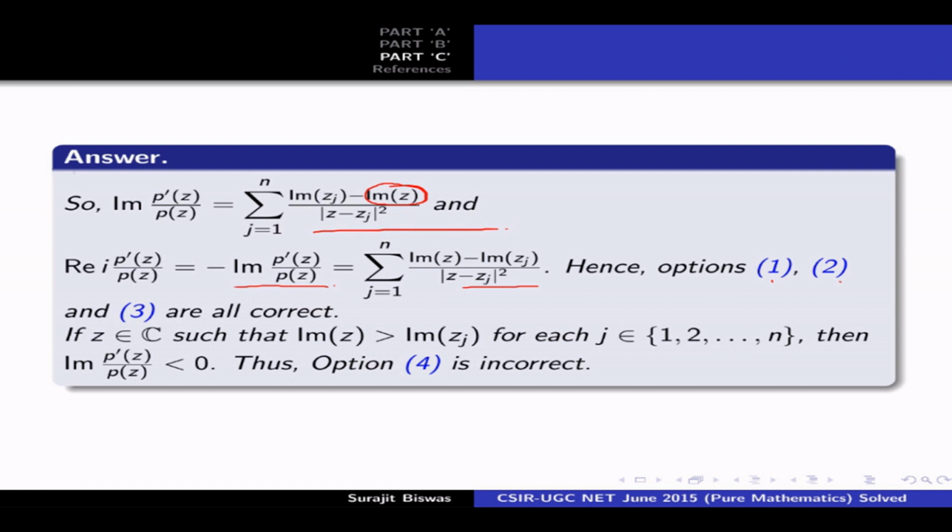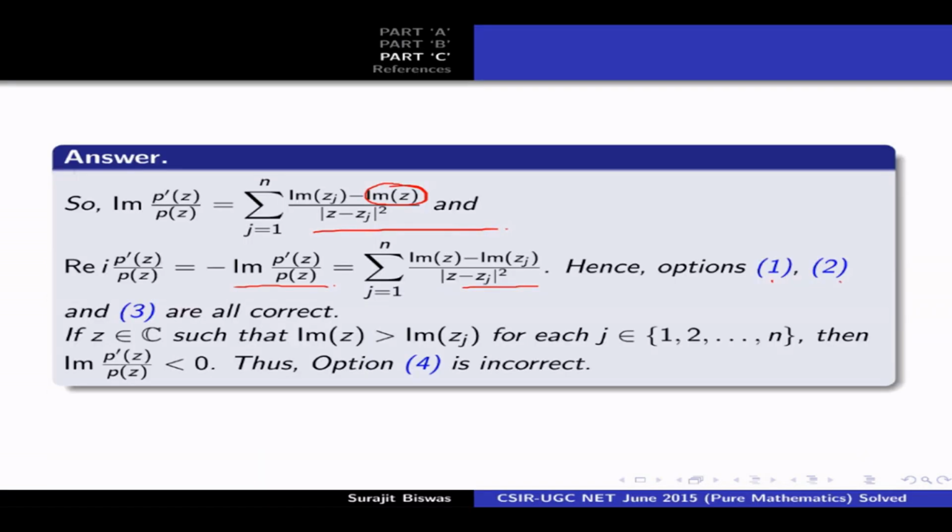But imaginary Z greater than 0 doesn't guarantee that each of these quantities is greater than 0. Therefore, that's exactly what we have written here. If Z belongs to C such that imaginary Z is bigger than imaginary Zj for each j belongs to 1, 2, ..., n, then the imaginary part of P dash Z divided by PZ will be strictly less than 0. Thus option 4 is incorrect.